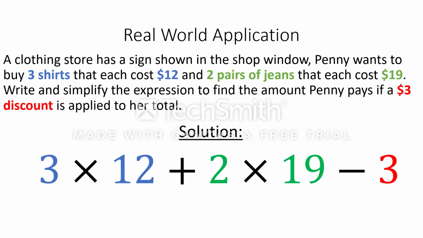The green 2 and the green 19 represents the number of jeans multiplied by the cost per jeans in dollars. And the last red 3 subtracting from the expression represents the $3 taken off of the total price described by the store's sale.